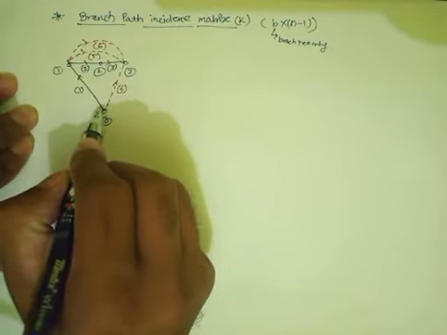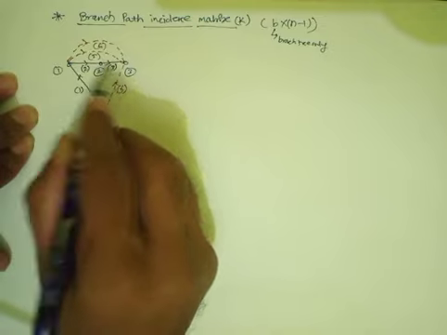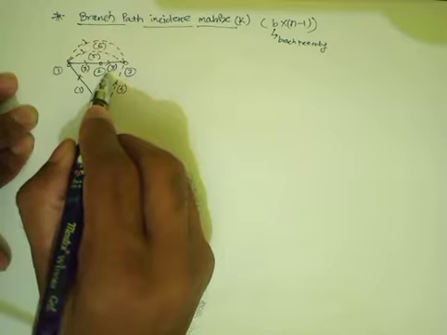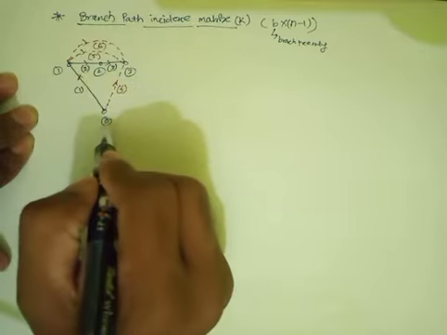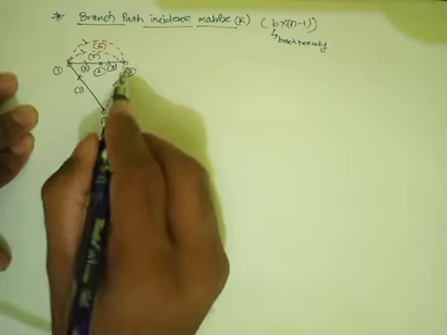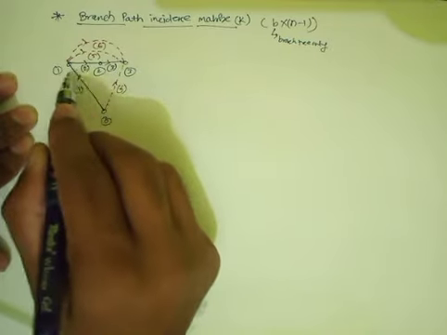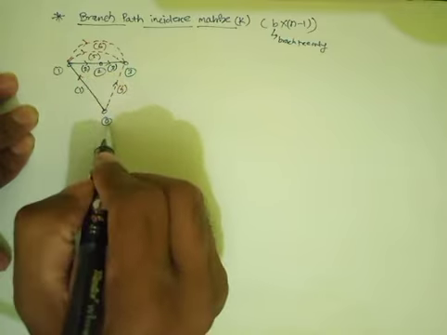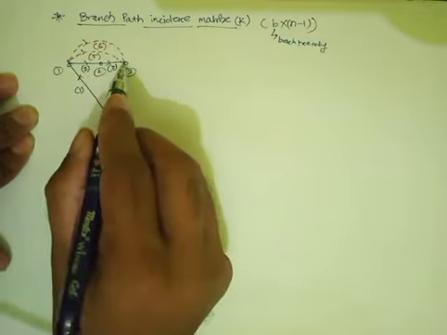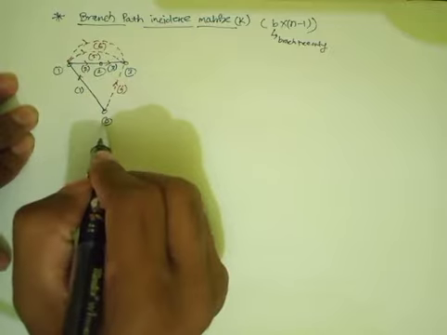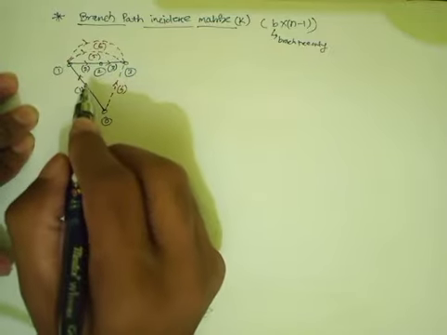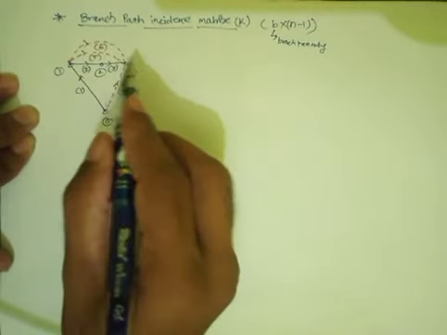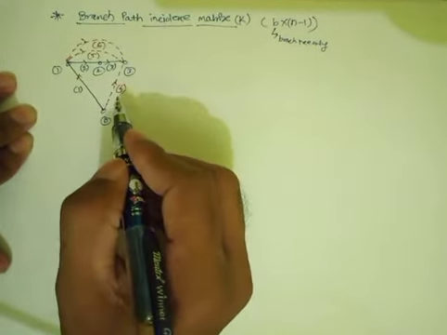Obviously there will be 3 paths as there are 3 nodes, excluding this reference node. The first path will be from node number 1 to reference node, the second from node number 2 to reference node, and the third from node number 3 to reference node. And whether that particular branch is coming in this path or not, that is what the branch path incidence matrix we are going to form now.